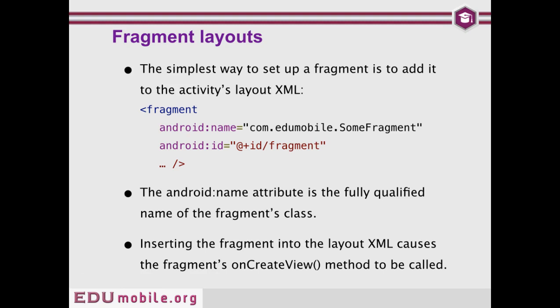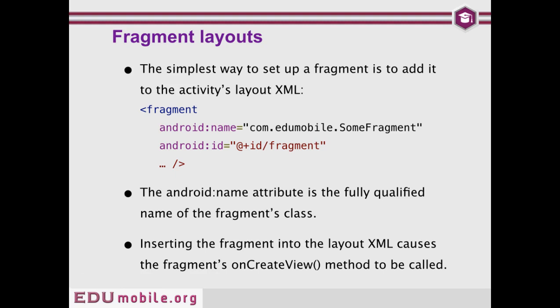When we insert the fragment into the layout XML, the system, when it looks at the activity's XML, is going to call onCreateView in the fragment during the create cycle of the activity, as we saw in the previous slide. And what that will do is cause the fragment's onCreateView method to be called. And then in that method, we are responsible for inflating the fragment's layout.